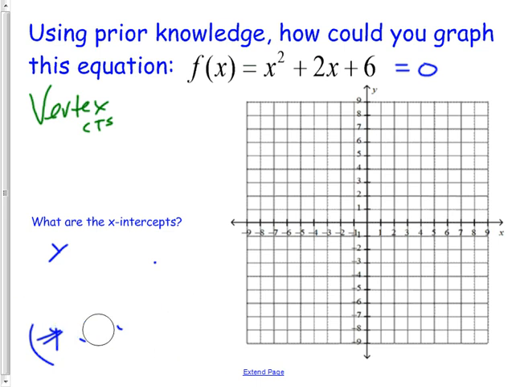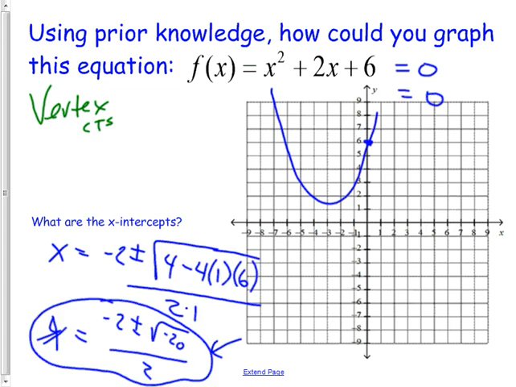See if you can find me where the vertex is. Actually, I'm going to leave that back in there. In case you forgot that process, you just move the 6 over, and then you do half and square. Remember this?